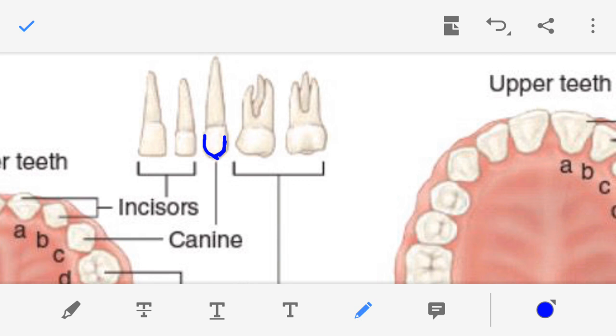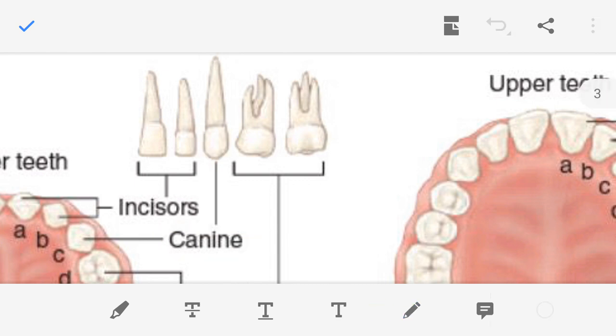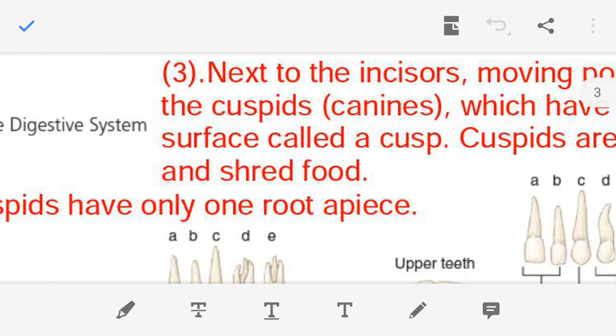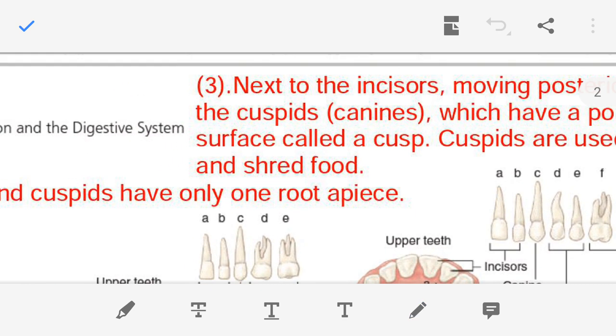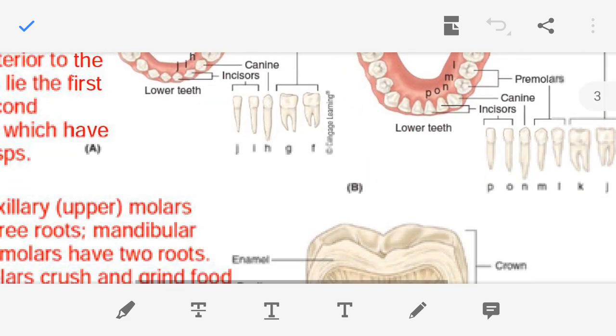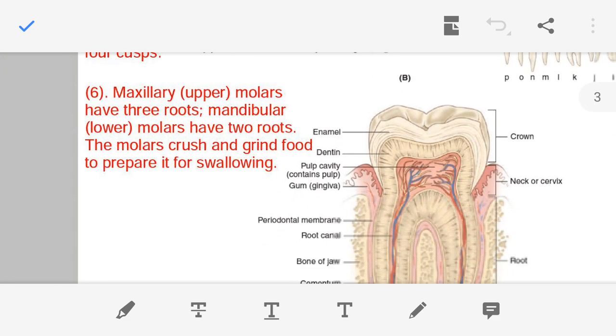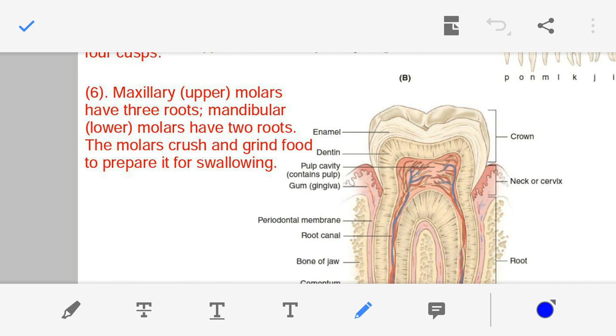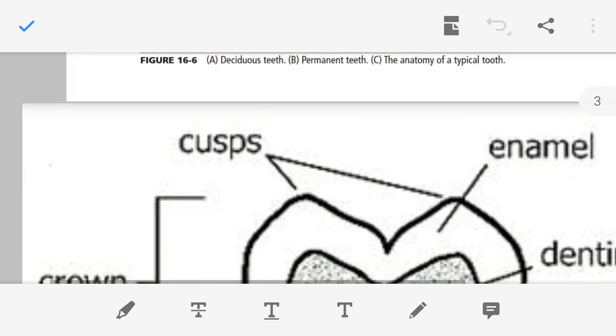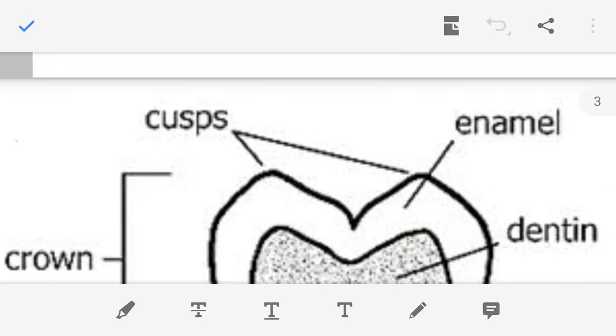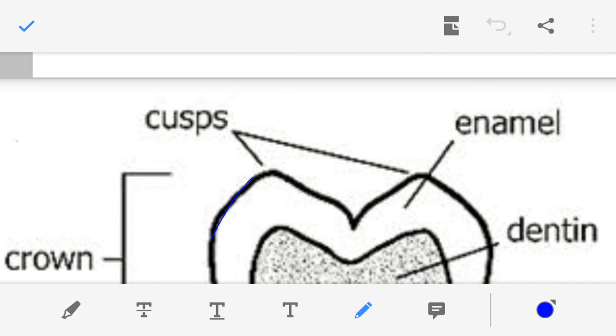This pointed edge present in the canine is known as the cusp. I will show you one more figure so that you understand properly. In this figure, this one is the cusp.